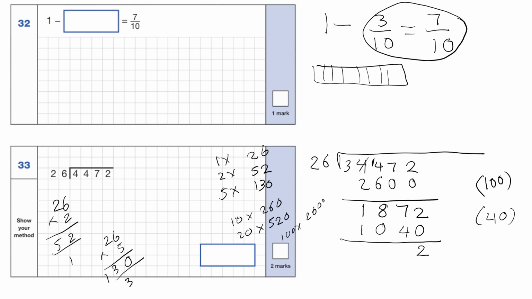7 take away 4 is 3. Okay, I have 832 left now. I can do 20 times, which is 520. I've got 312 left.